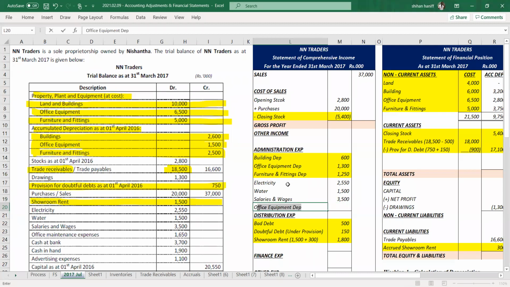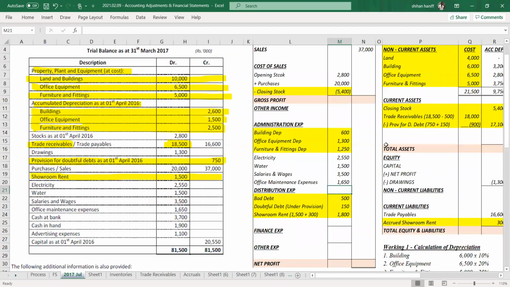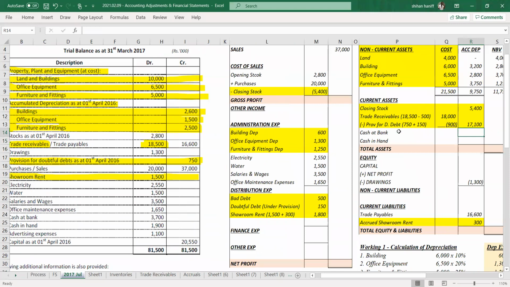Office maintenance expense 1,650. Cash at bank and cash in hand 3,700. Bank and 1,900.